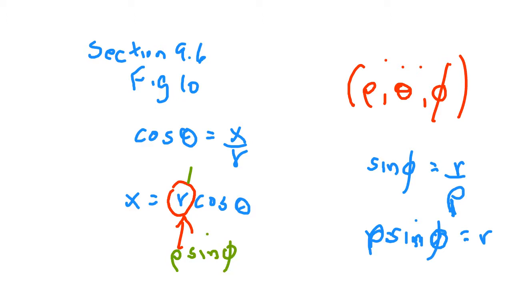And therefore x is equal to rho times the sine of phi times the cosine of theta.